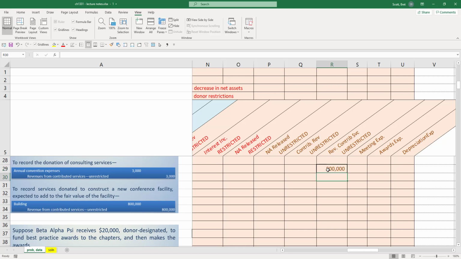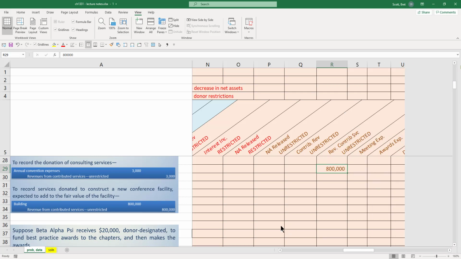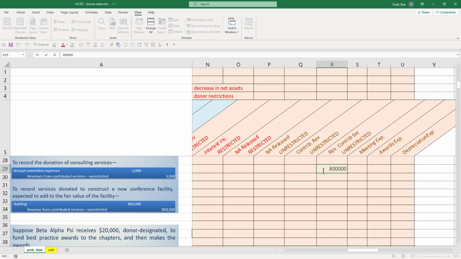And if you're doing that, realize that it is a contribution, like a revenue. So we ordinarily credit revenue. In this case, we're not receiving any cash, but we have earned it. We've earned $800,000 of services. What have we received in return?